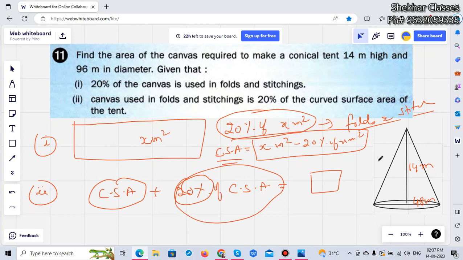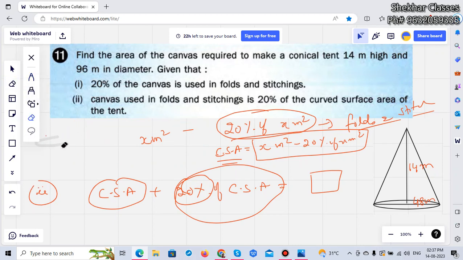So the remaining will be used in making the tent, and that will be subtracted from the canvas bought. So the curved surface area will be the difference of these two. Is it clear?